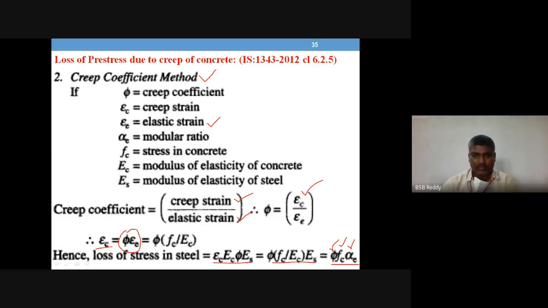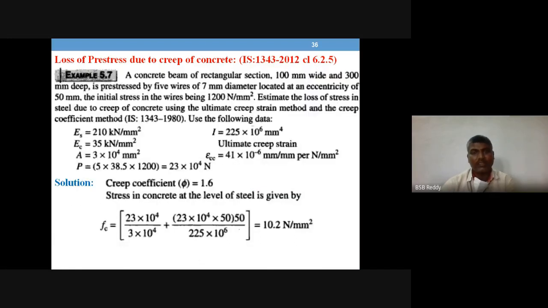This is how you can calculate by the creep coefficient method, and all these are explained in clause 6.2.5 of your IS code. Just go through the IS code, which we have extensively discussed in the previous sessions.